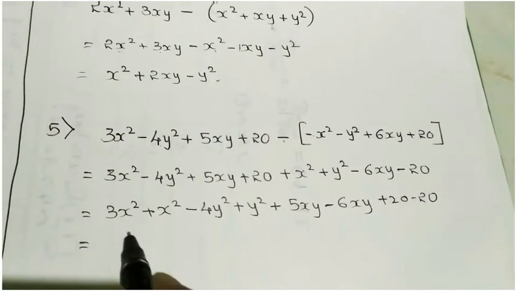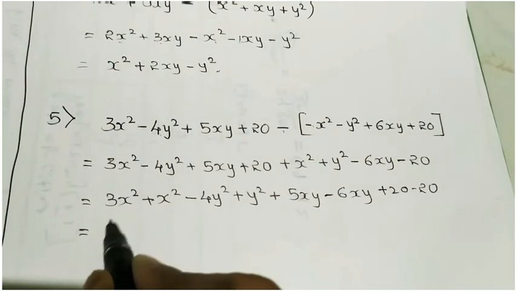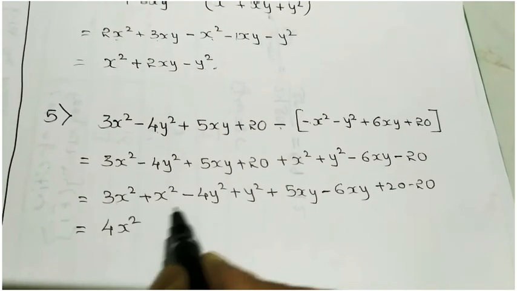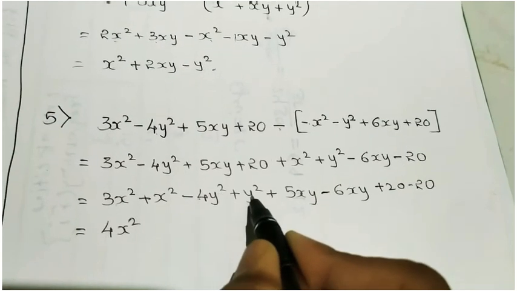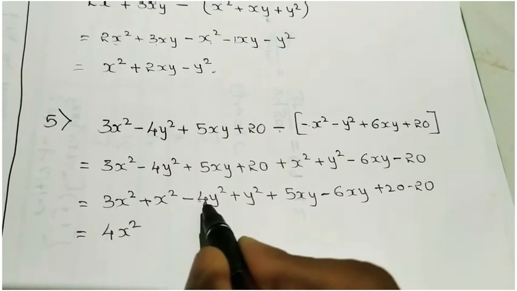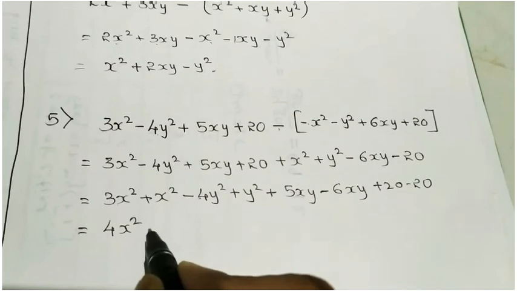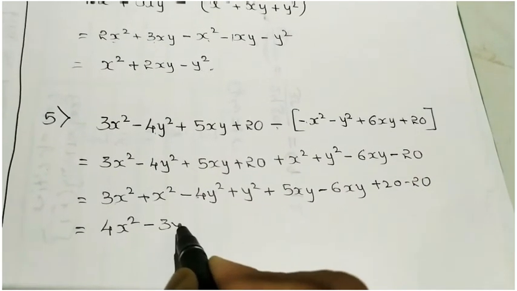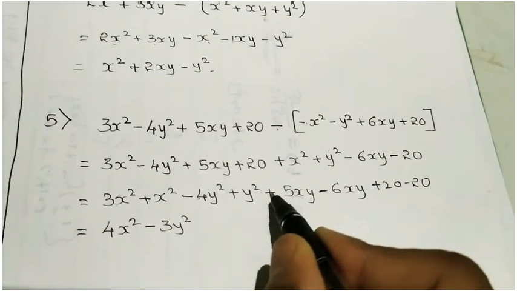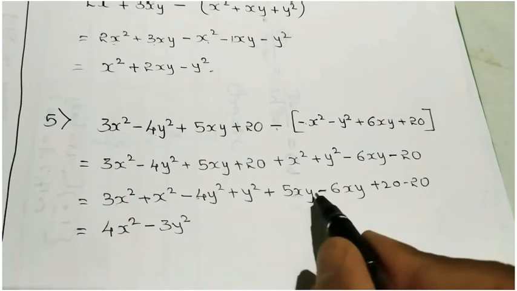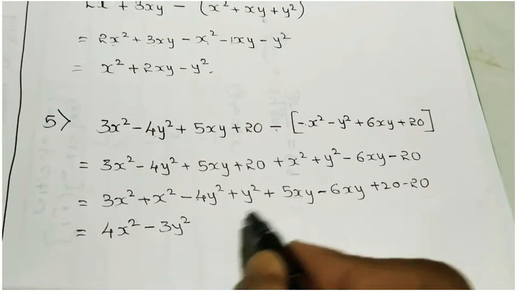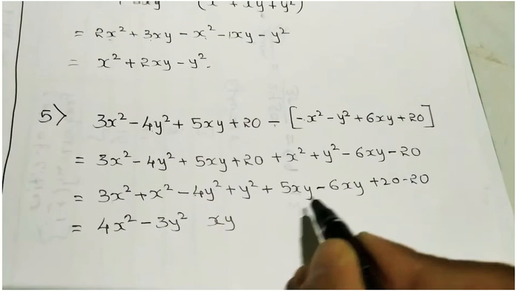Okay, so 3x square plus x square, it will be 4x square, minus 4y square plus y square, so opposite you do the subtraction, keep the bigger side, that will be minus 3y square. Here again plus minus, what you have to do? Subtract 6 minus 5, 1, that will be xy. Okay, which xy?